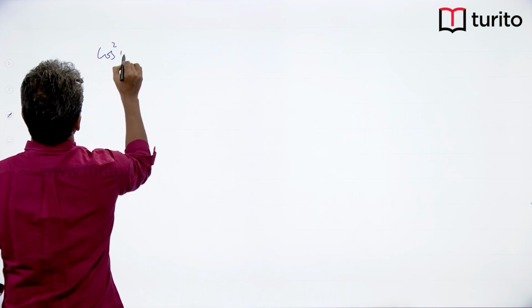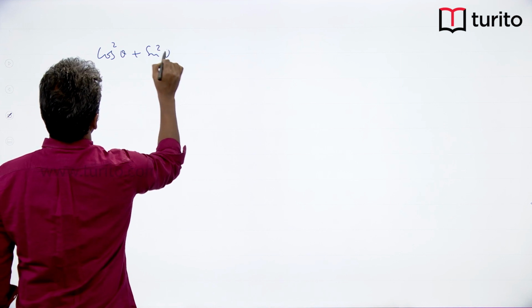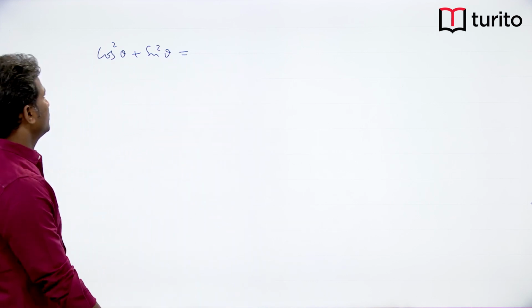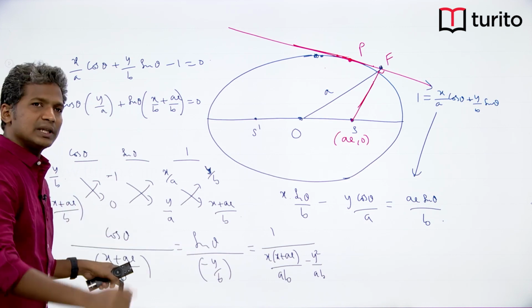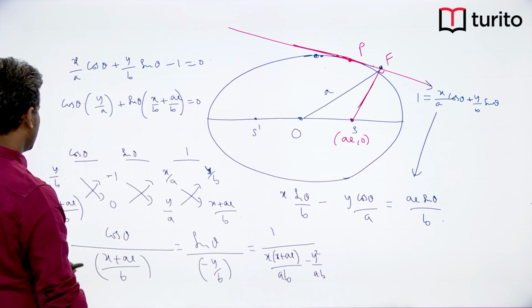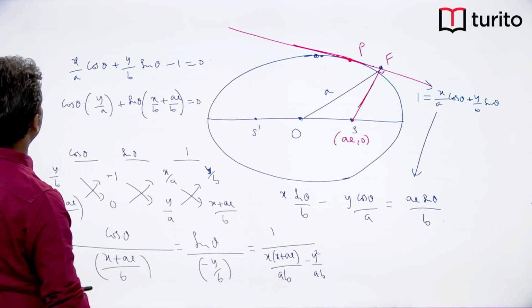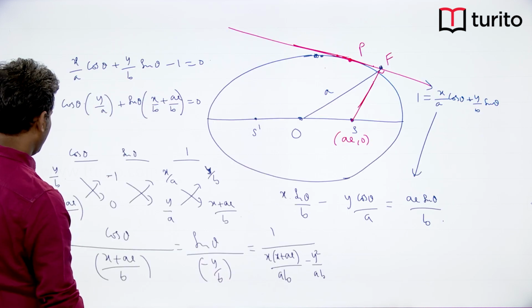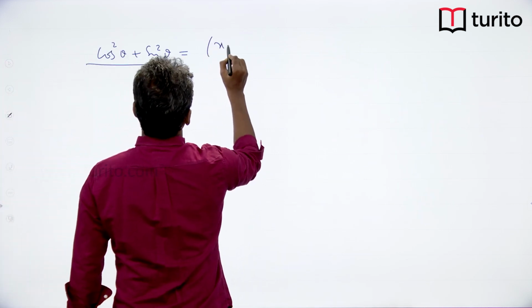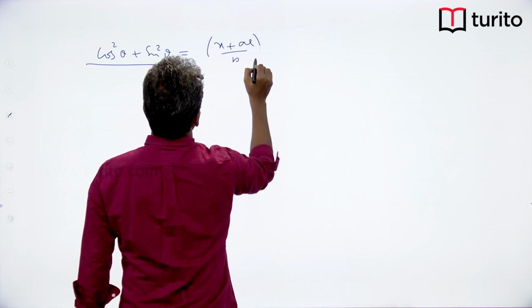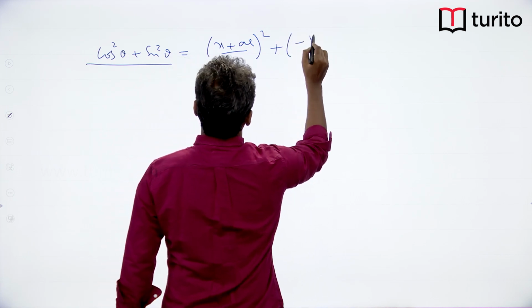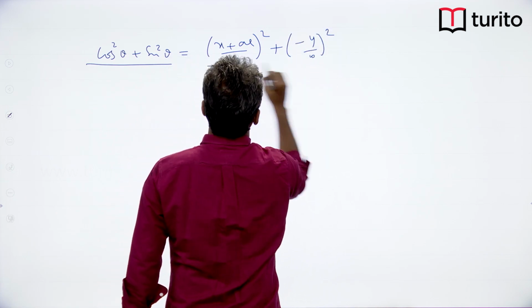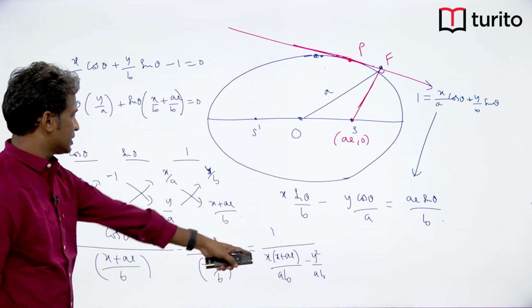Cos square theta plus sin square theta is going to be equal to, or let us say divided by, what I am doing? I am doing basically the ratio and proportion ideas. So, this is going to be equal to x plus AE by B whole square plus minus y by B whole square, divided by, what is the denominator?